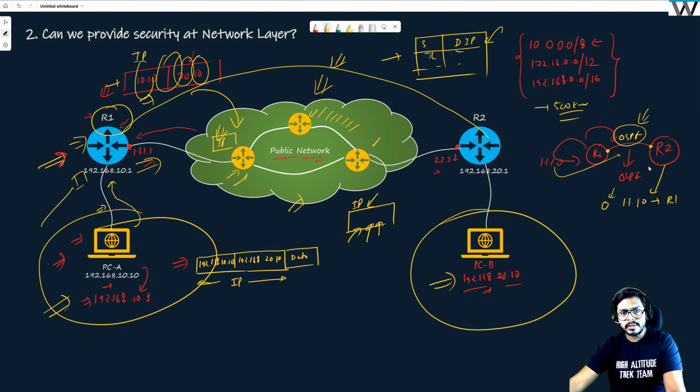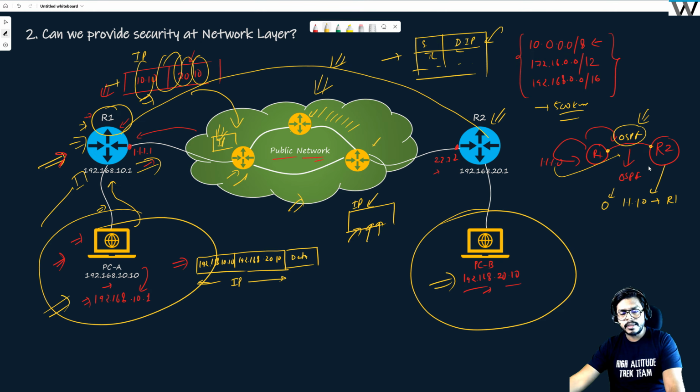You can change what you can control, right? You can change R1, you can change R2's IP header or IP, whatever you want. But if you are building a protocol also, then you need to make sure that your IP packet is going to be the same, whatever it was, and then it is going to add more complexity.